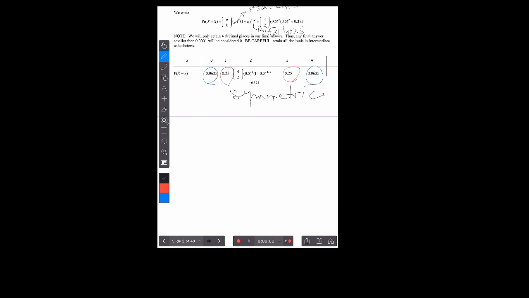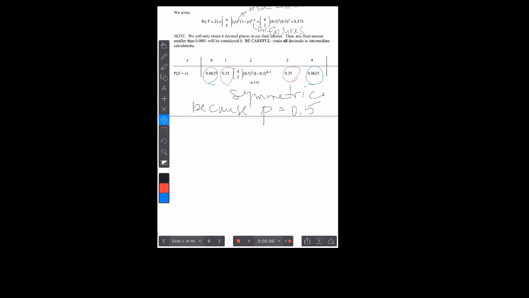In this case, the symmetry occurs because the P is 0.5. That's what makes it symmetric. Okay, because we just end up swapping. This will be 0.5 and this will be 0.5.